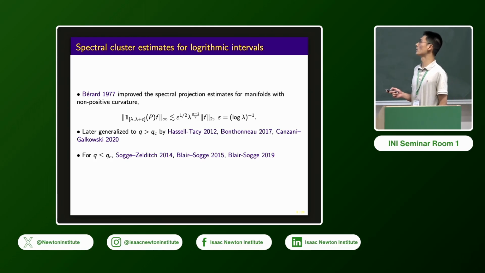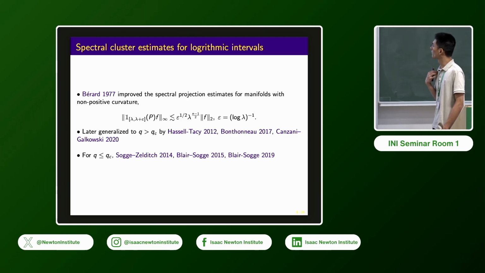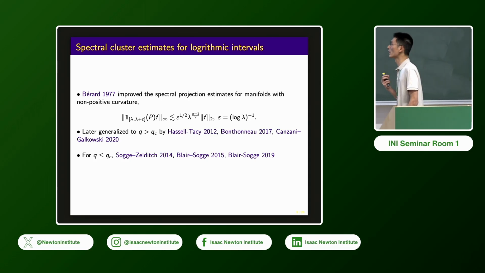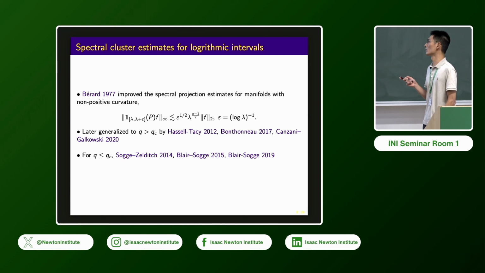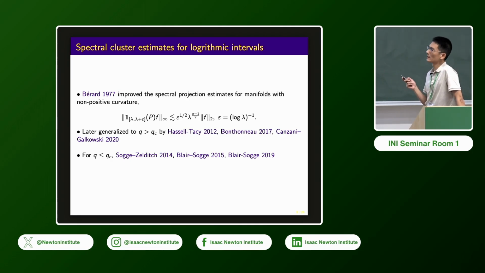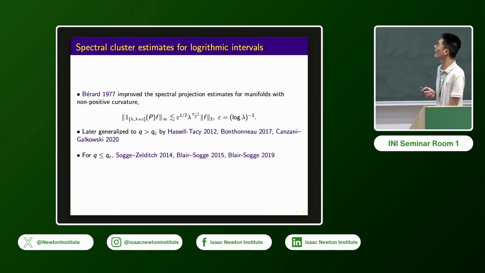There is subsequent work that I cannot list all of, but the works by Blair and Sogge also consider improved estimates for epsilon equals 1 over lambda, and get some partial results in terms of the gain for q smaller than q_c. There is also a result, for instance, in the setting of manifolds with less smooth metrics and manifolds with boundary. There is also a history of spectrum projection estimates that we will not discuss today.